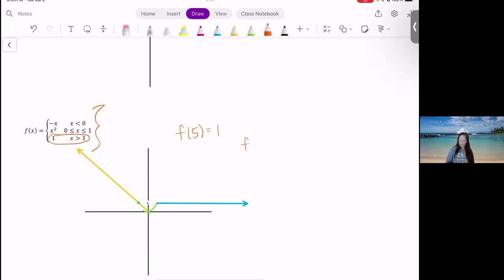If I said f of a half, which is between 0 and 1, then I would need to take 1/2 squared to get 1/4 for my function value. And then if I was at, let's say, f of -6, that's going to be this original function here. I can evaluate the functions. I just have to make sure I know where my domain is for my function to be able to evaluate it.